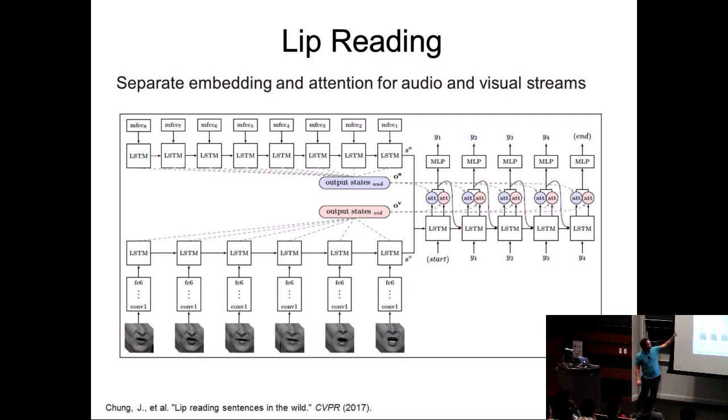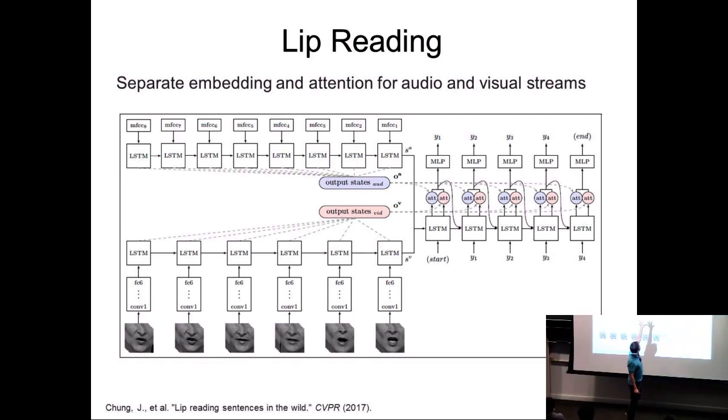You have a sequence of what the person is saying, and you're trying to predict, using attention, what the person is saying based on what the person's lips look like.